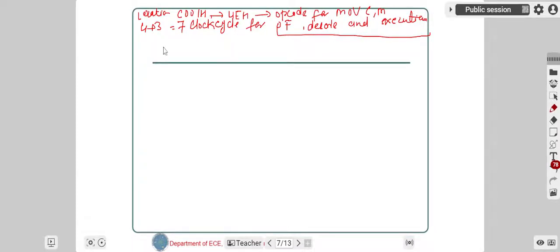Okay, so we already know that these 4 clock cycles comprise one machine cycle, which is called opcode fetch, or we will simply write it as OF machine cycle. The other three T states that are required for this instruction are called the memory read machine cycle.